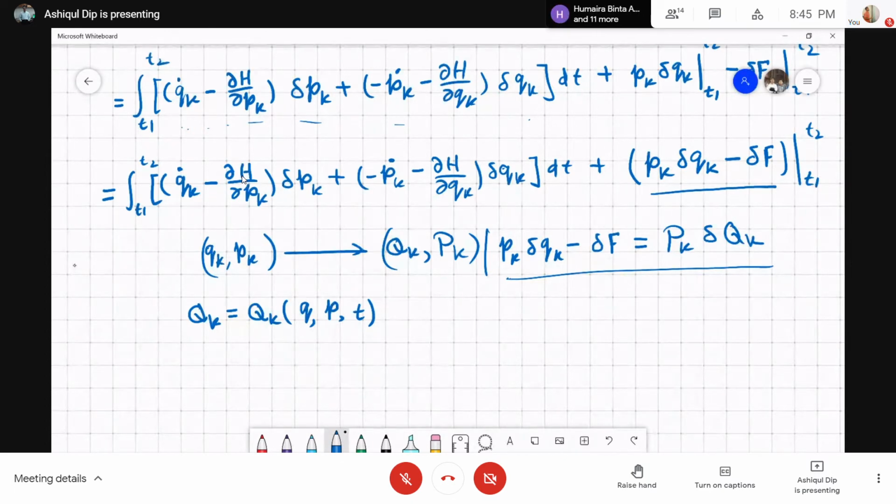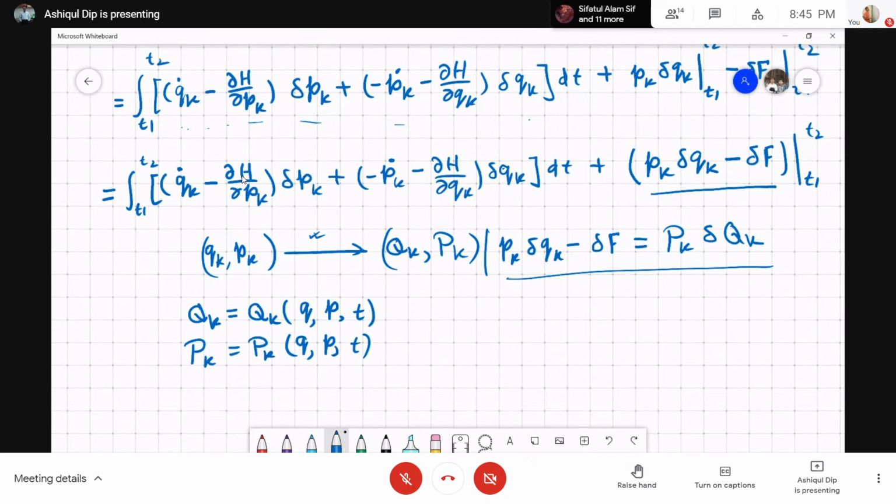Also, we are considering our new momenta that are also dependent on old coordinates, old momenta, and possibly time, like that. When we write just this arrow, we actually mean this. That's the usual form whenever we write a coordinate transformation.